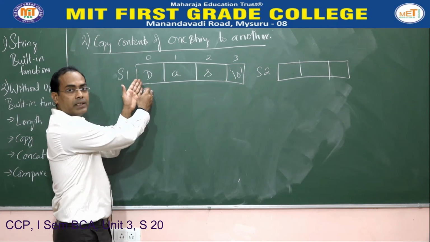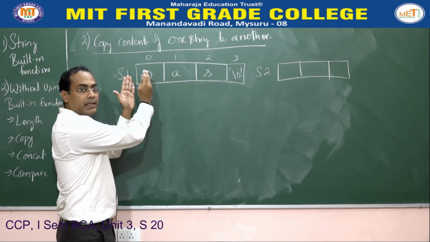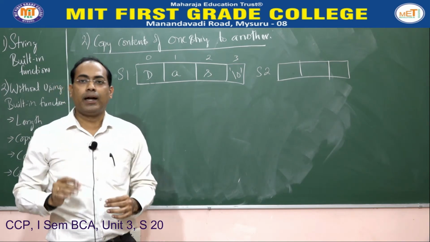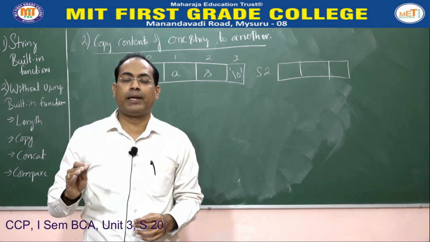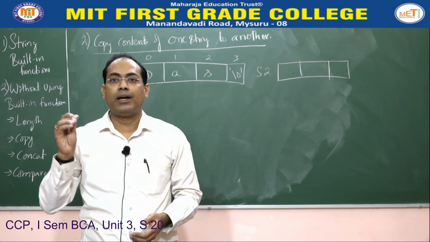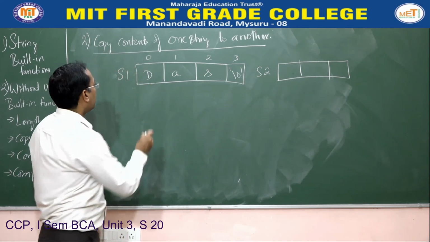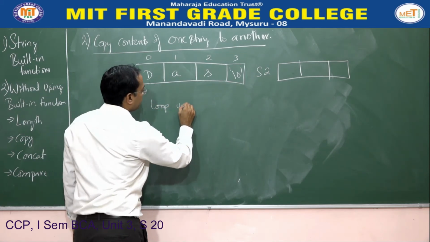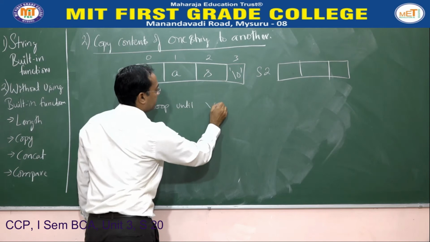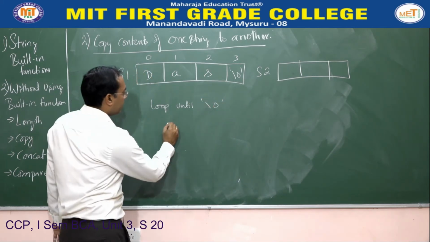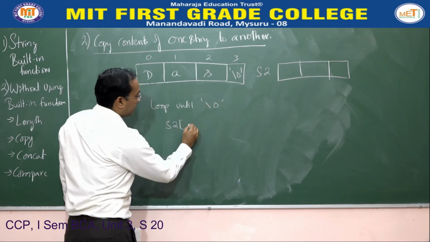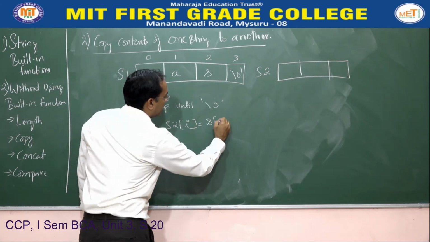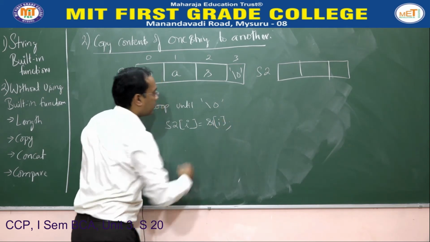So you have to start the for loop, and character by character you have to copy, and for copying character by character you can use the regular assignment operator. So you have to loop first until you find \0, and then you have to copy to destination the S1 character.